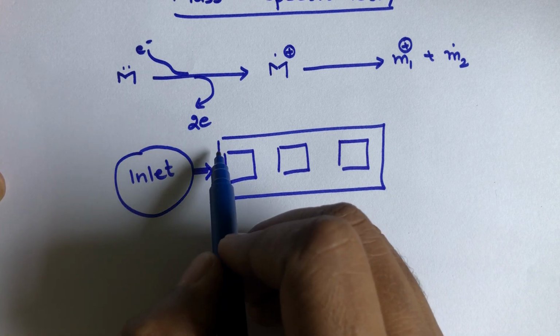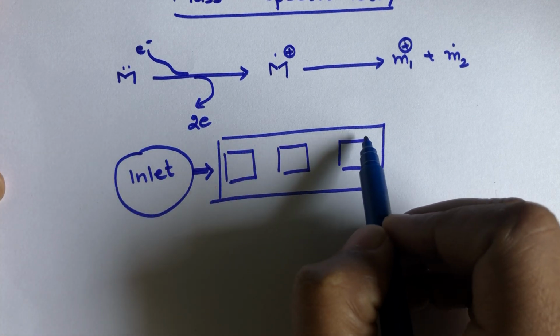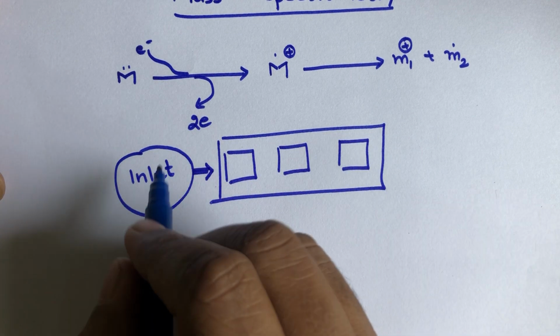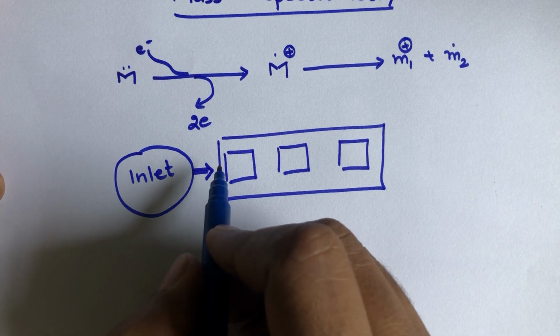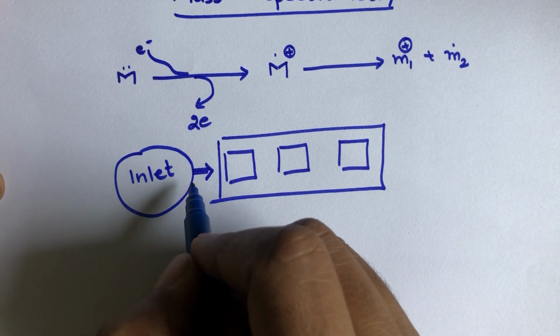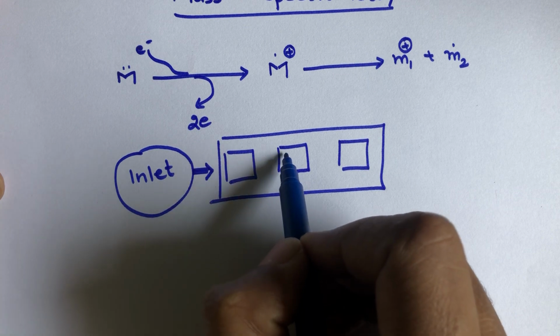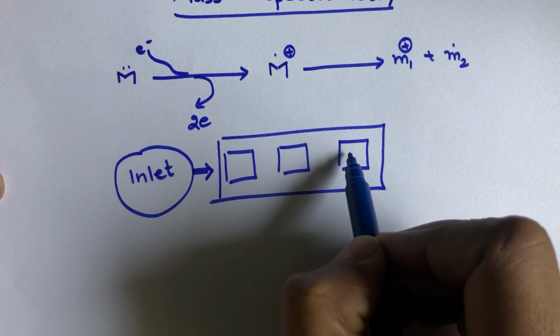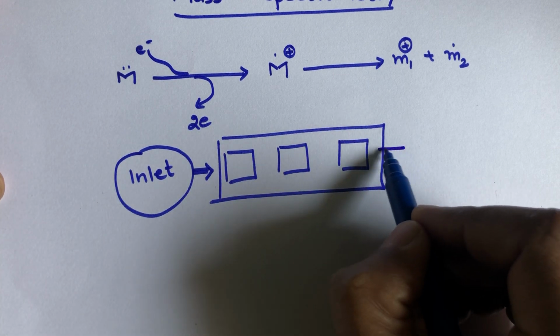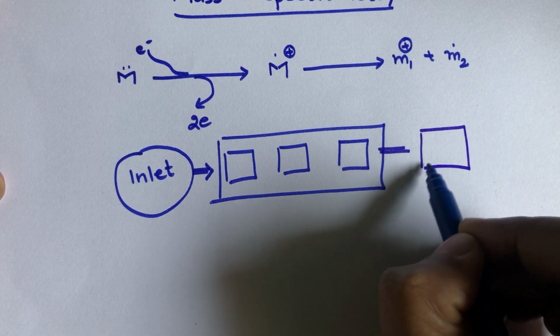Gas phase ions, then ion sorting, and then ion detection. So sample introduction is done here. Then the analyzer where the ion sorting takes place, then ion detection, and next it goes to the data system.